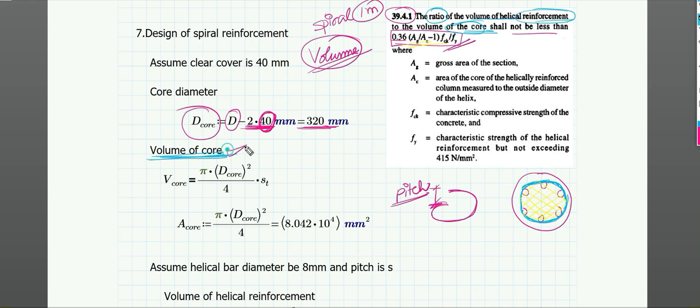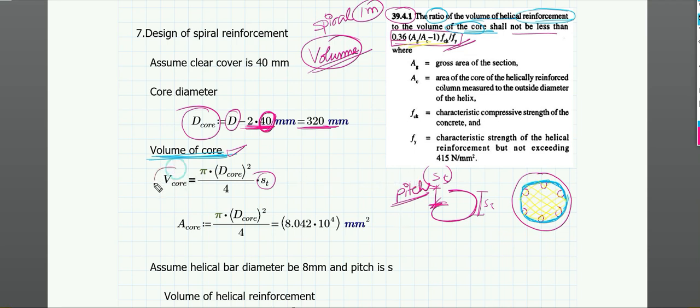Then the volume of the core will be pi d square by 4 into the pitch. St is nothing but the pitch. For one turn, whatever depth is there, that is called pitch, right? St is for one turn of a spiral, how much volume of concrete is present.